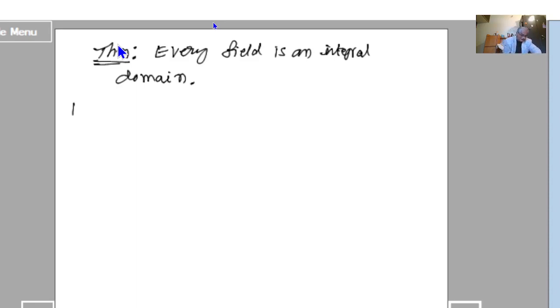So for that, I will consider, let F be a field. Let F be a field. I have to prove that this is an integral domain. Now, before going to prove this result, let me recall the definitions of field and integral domain. So what is a field here?